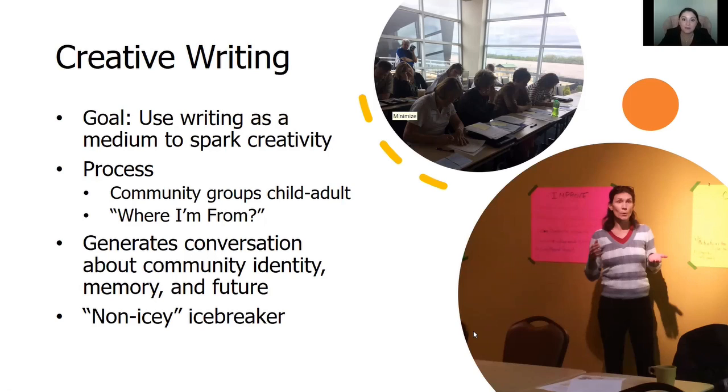It can be I am from cornbread and mashed potatoes. I am from chasing dragonflies at night. Prompts like that. And we have seen in the groups we've used this in, ranging from the crustiest old cattlemen I've ever met, down to fourth graders who are excited to plan a school mural, that this prompts conversation.